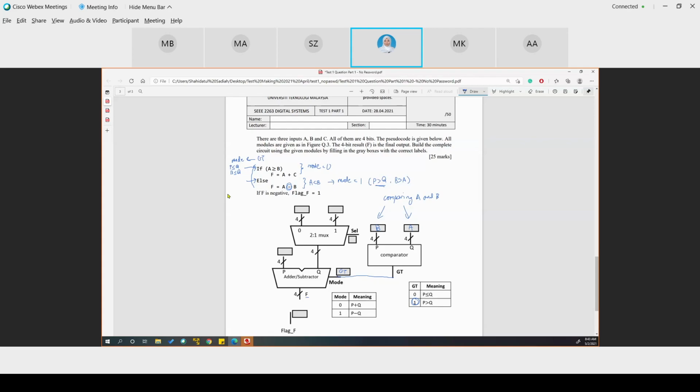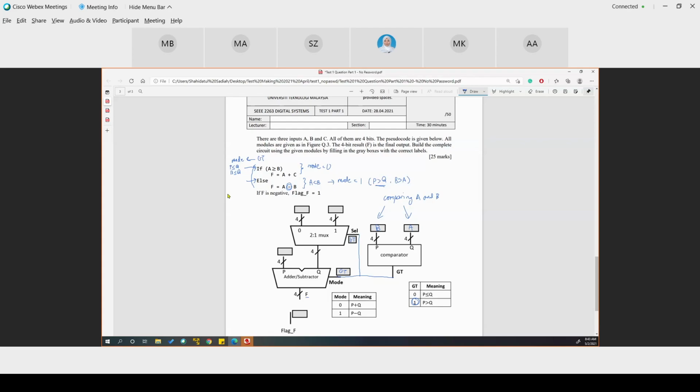Okay? So then another one, which the selector also depends on G. Selector is depending on GT.